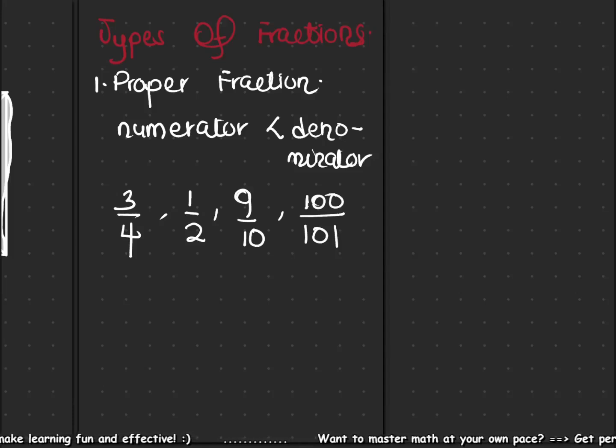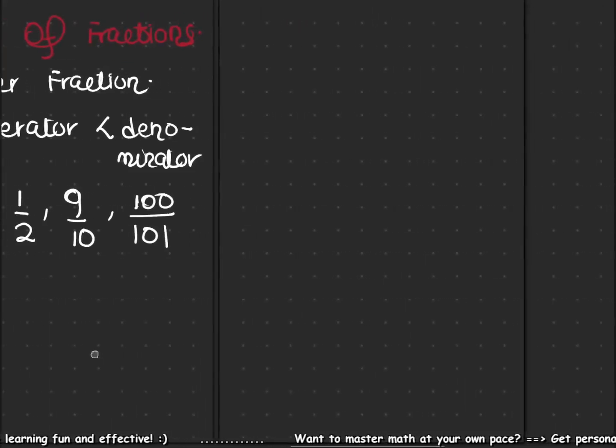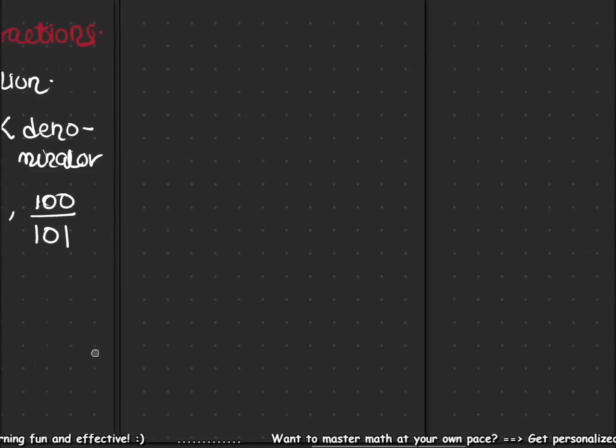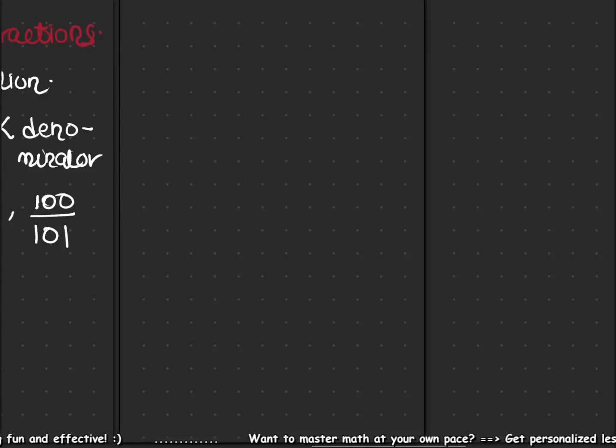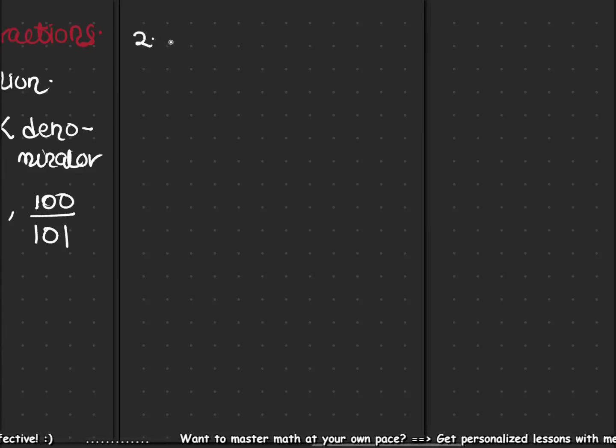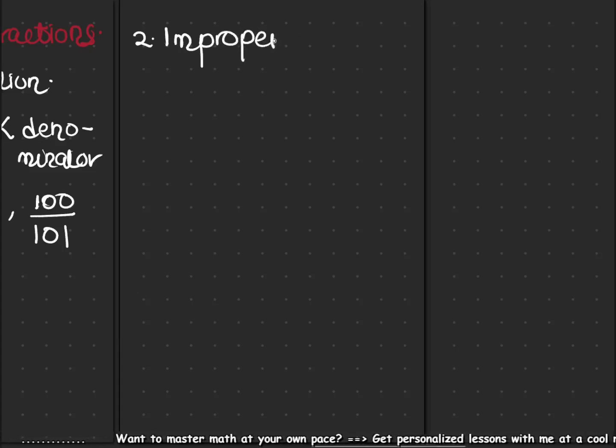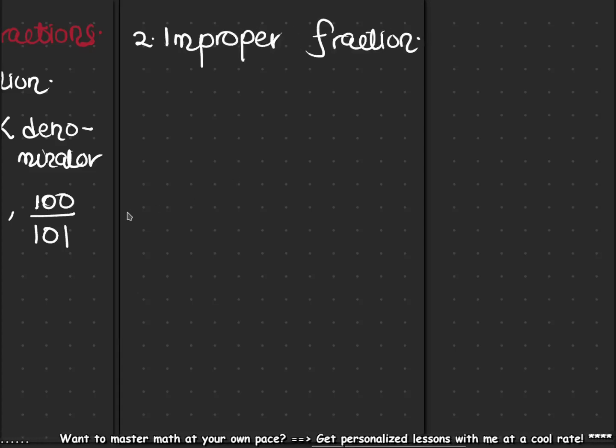The next type of fraction we should look at is the improper fractions. So type 2, we have the improper fraction. So talking of the improper fractions, the numerator is greater than or equal to the denominator.